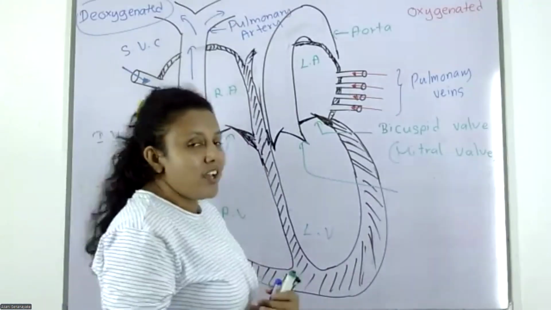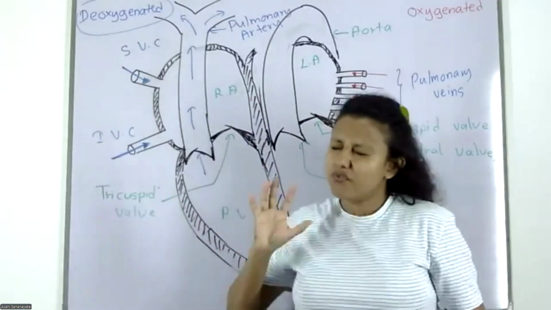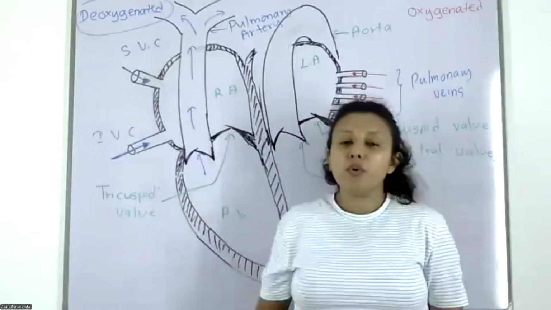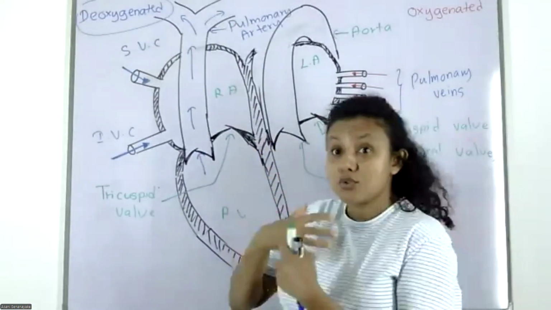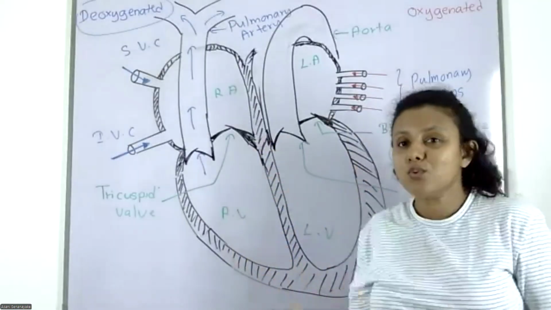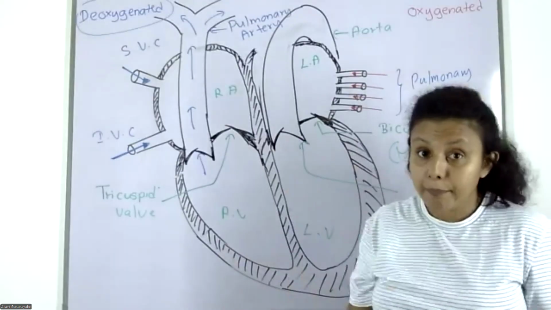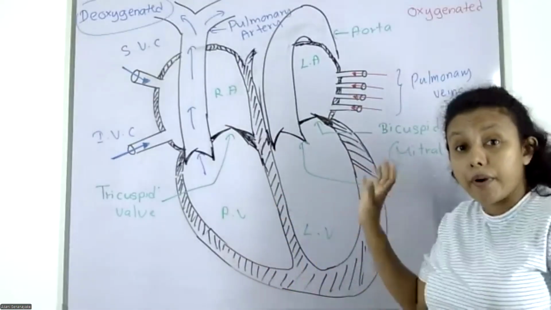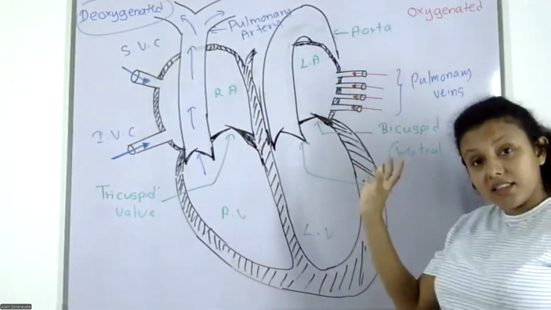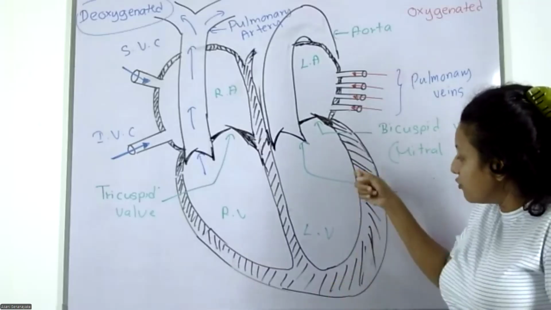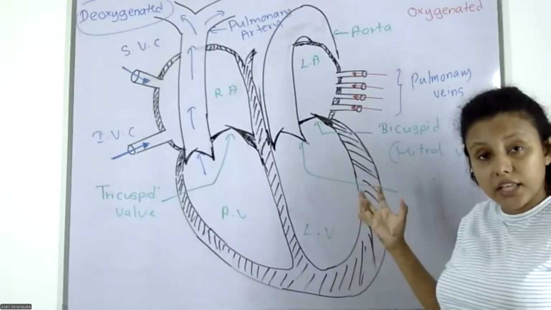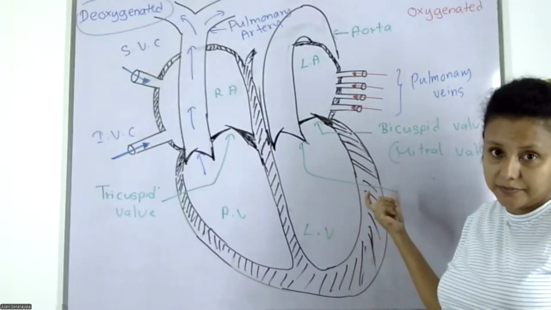In the aorta, we have to send blood with very high pressure throughout the body. The aorta has to transport the blood throughout the body with very high pressure. To give that high pressure to the blood, the wall becomes thick.